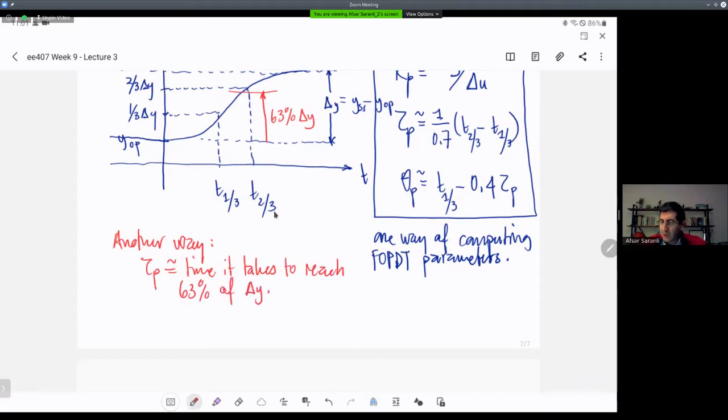Okay, so if this is your 63% of delta y, that is a time here which we can call t 63%. Okay, so we have tau p approximately equal to t 63%.